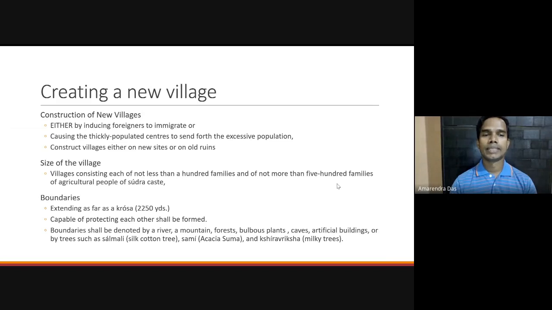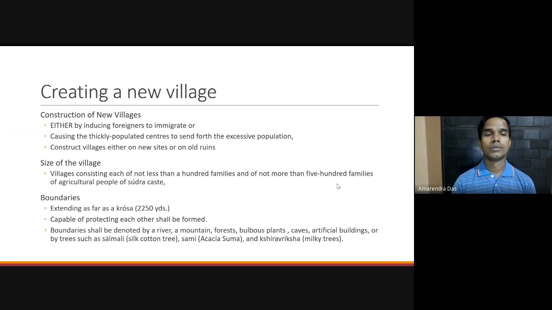Then how is the boundary of the village defined? It would extend as far as a krosha, that means 2,250 yards, and the villages should be capable of protecting each other. The villagers should be capable enough to protect their land, so if it becomes too big, they will not be able to protect it.